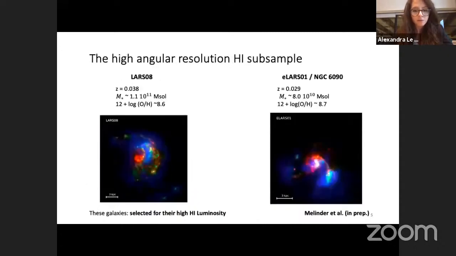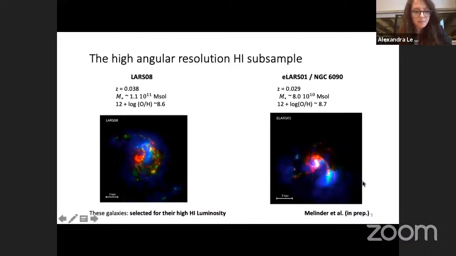Now, we didn't use the full LARS sample to do this study because H1 observations are quite hard to get at the resolutions we wanted. So we observed two galaxies, which are LARS 8 and eLARS 1, or NGC 6090. They are quite massive. They have stellar masses around 10 to the 11 solar masses and are quite metal-rich as well. So they're very different from what you would see at high redshift.